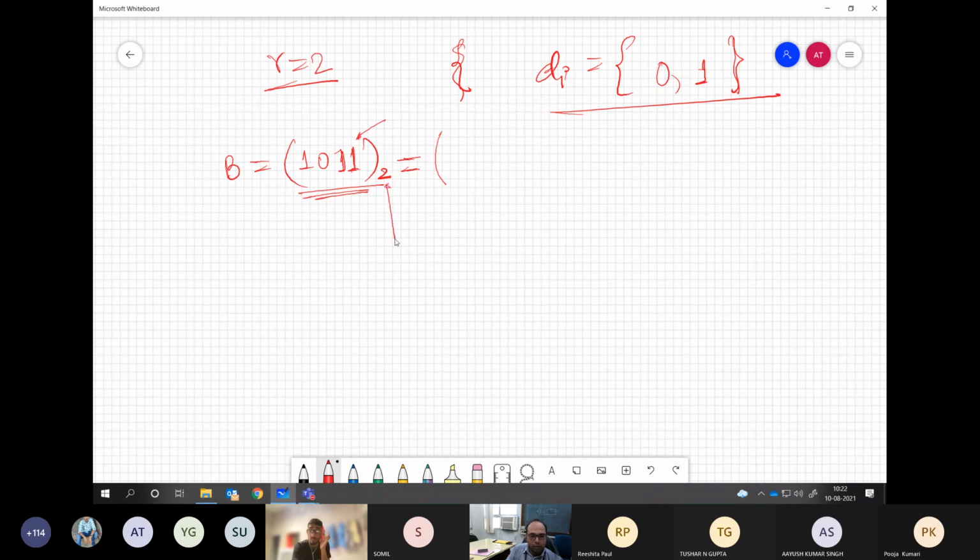Power of what? Power of 2. So r is equal to 2 here. Now how would you write this? Can you expand? Yes, sir. 1 into 2 cube, plus 0 into 2 to the power 2, plus 1 into 2, plus 1 into 2 to the power 0.